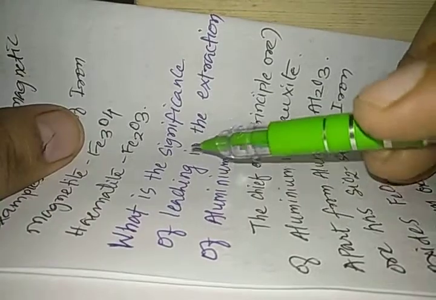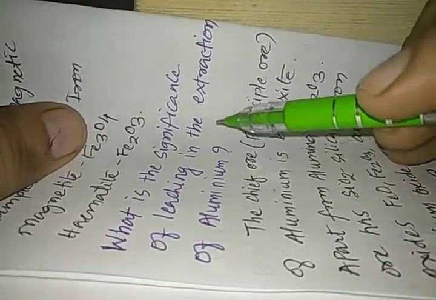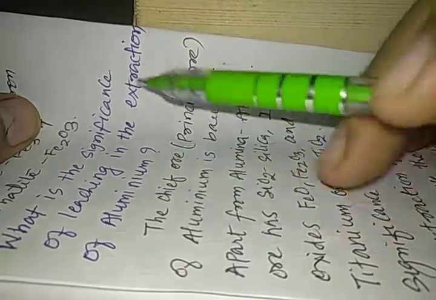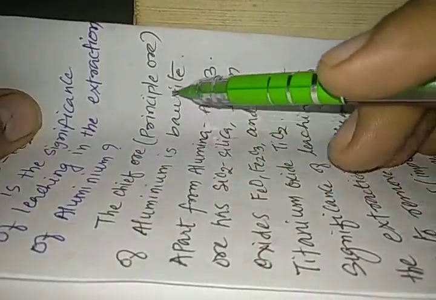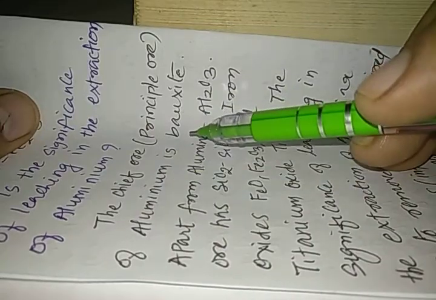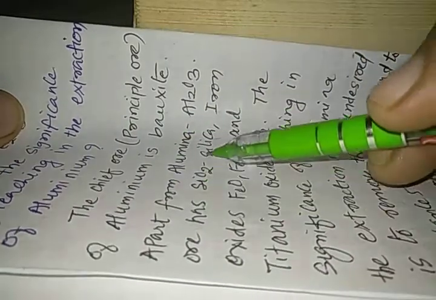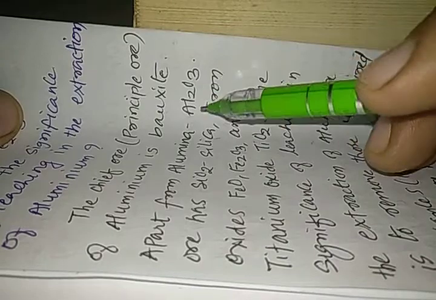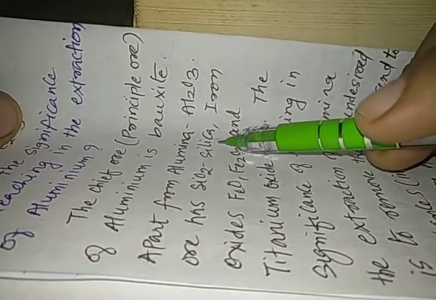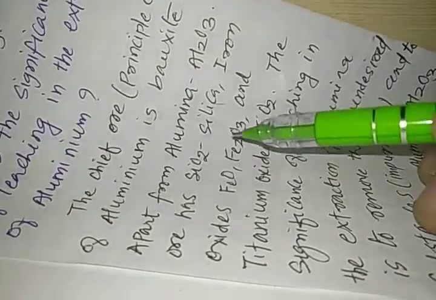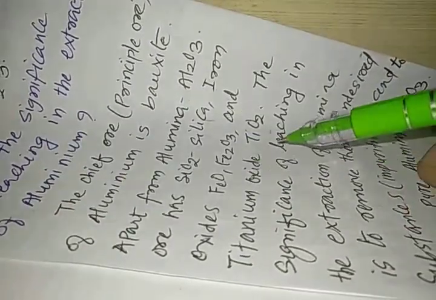Next question. What is the significance of leaching in the extraction of aluminium? Significance means importance. What is the role actually? The chief ore or the principal ore of aluminium is bauxite. Apart from alumina, that is Al2O3, bauxite ore has silicon dioxide, also known as silica, iron oxides like FeO and Fe2O3, and titanium oxide like TiO2.